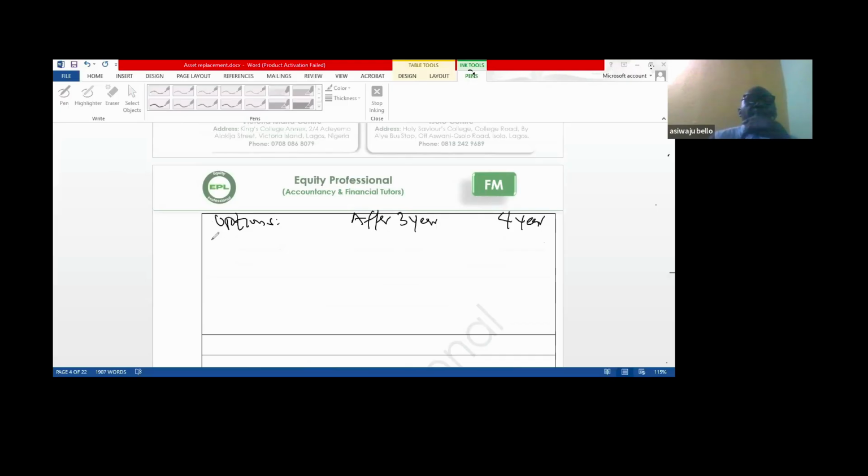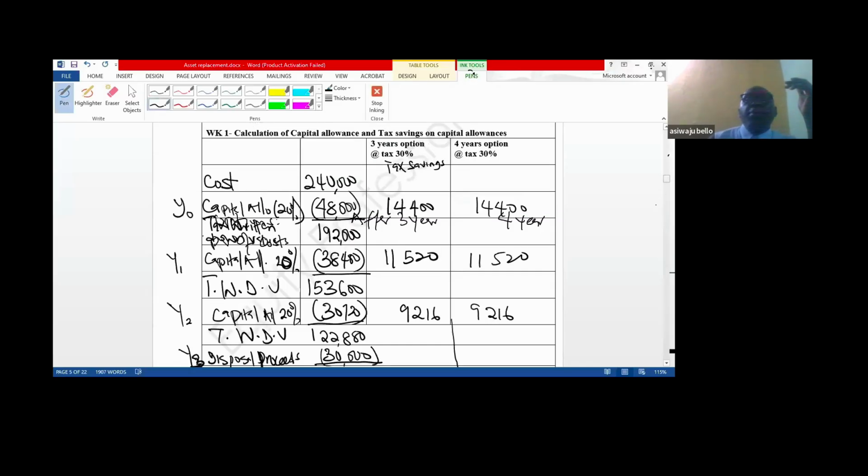You have present value of cost. It is even hanging, not allowing me to go up. Okay, it's back now. Let me pick this. It's not allowing me to move.